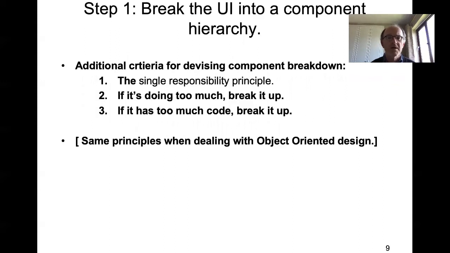Or you may decide that one of the components in your hierarchy actually has more than one responsibility. And we don't like that. We like components to have a single responsibility. So either way, it's fine to take the hierarchy that you have produced and subsequently decide that some of the components still need to be broken down for whatever reason, any one of the reasons that I mentioned there.